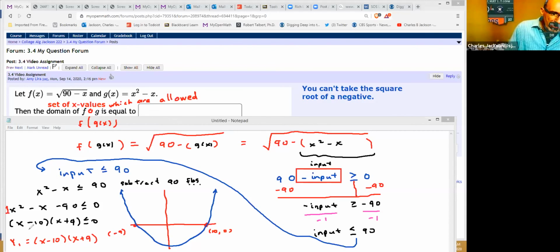So where is the graph at or below 0, at or below the x-axis.